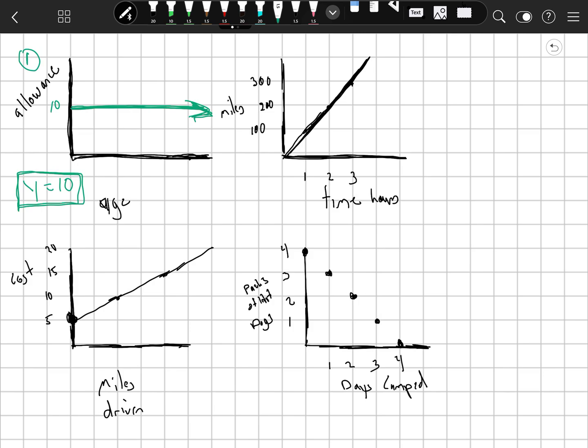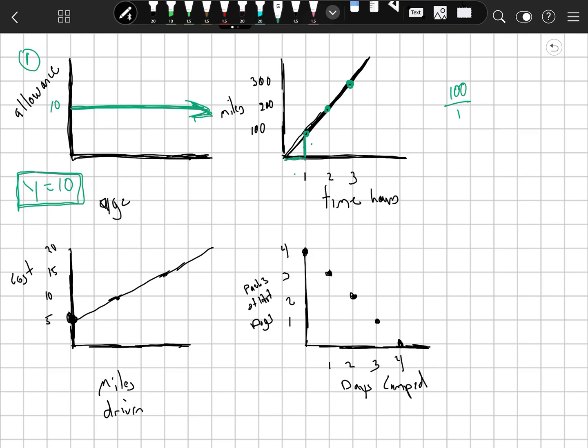Okay, let's take a look at another one. This time you've got Mr. Hansen in his hot rod. You've got 1 hour, he's gone 100 miles. 2 hours, he's gone 200 miles. And then 3 hours, 300 miles. You might recognize here, every time we go over 1 hour, we're going up 100 miles. This is rise over run. So 100 over 1, that's my slope.